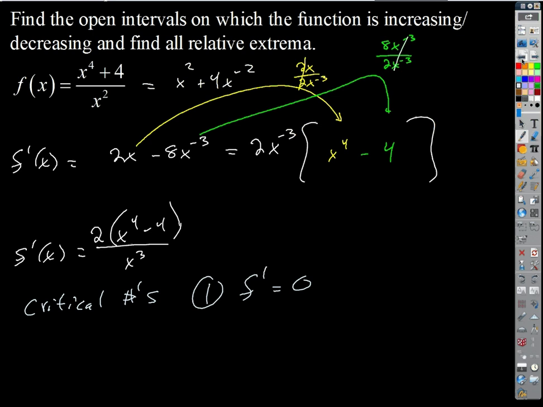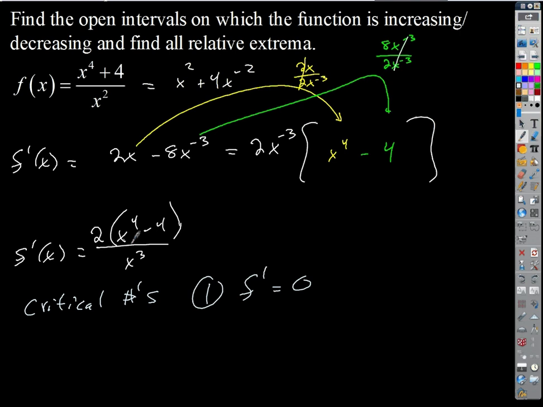If I write it as a rational function, where is a fraction always equal to 0? When the numerator equals 0, right? See my point? So if we write this in a rational form like this, if we're looking for where the derivative is equal to 0, well, that's just a numerator question. All we've got to do is ask, well, where does the numerator equal 0, right? So where does the numerator equal 0?